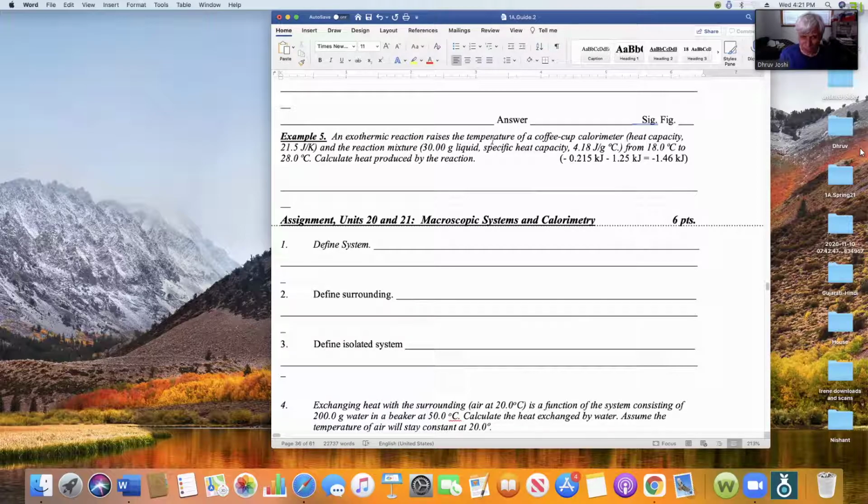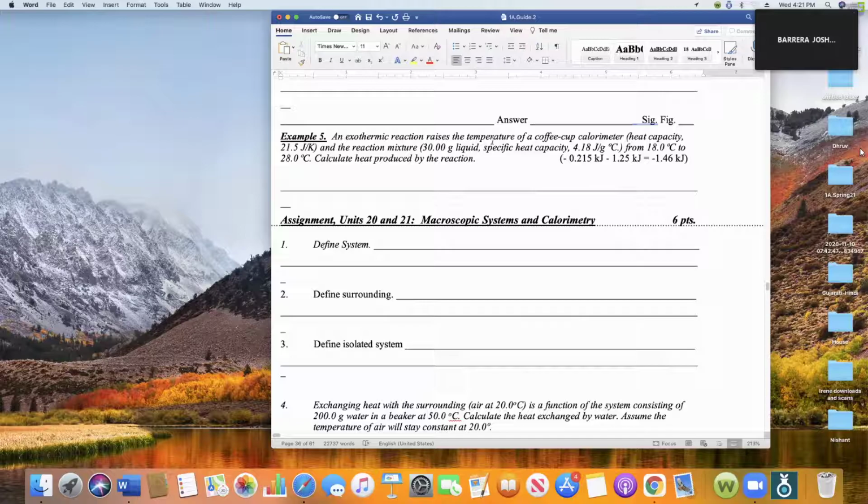We're not going to have anything but Q in that equation. So Q reaction equals Q liquid plus Q calorimeter. That's where it went: some heat went into the calorimeter and some heat stayed in the liquid. So negative Q reaction equals Q liquid plus Q calorimeter.